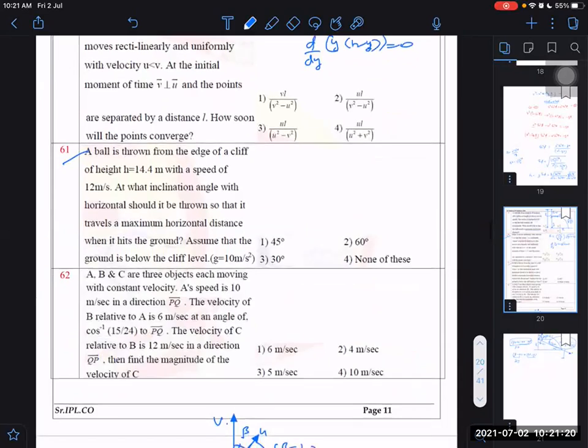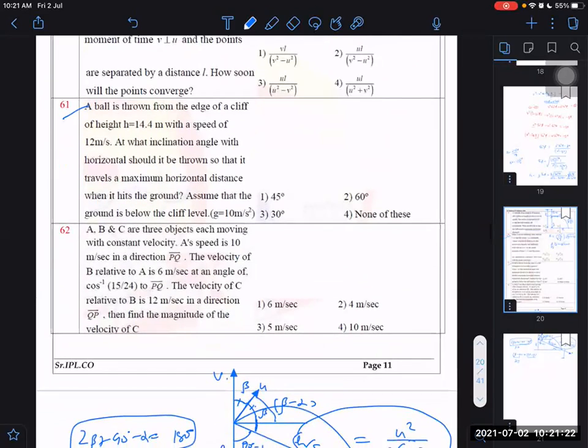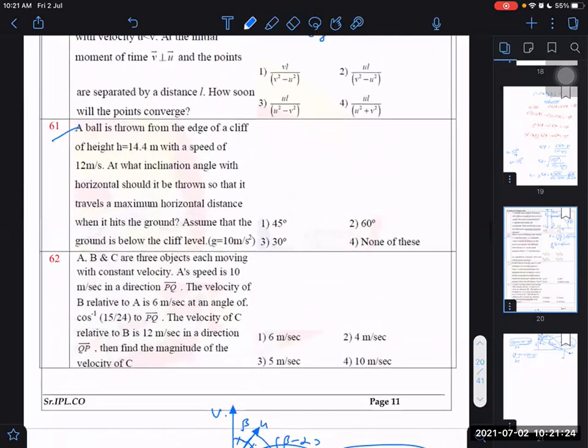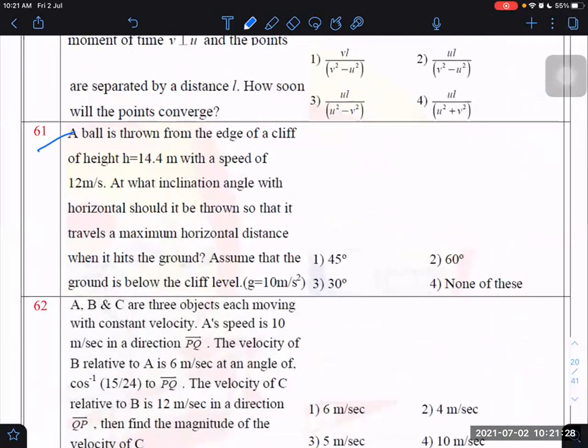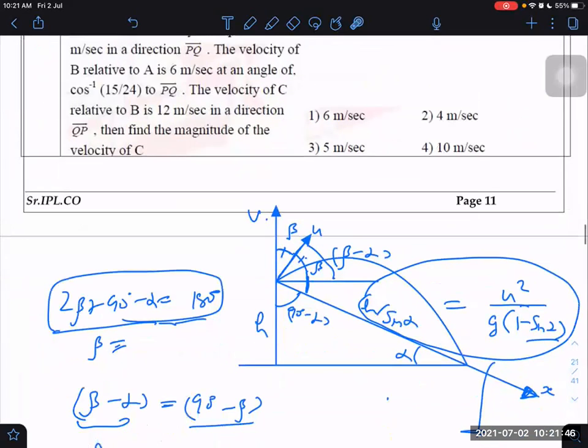Question number 61 I was discussing. Can you do question number 61 or not? This is how we can do 61.